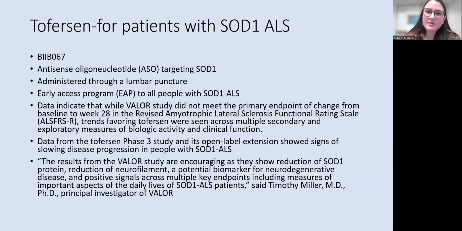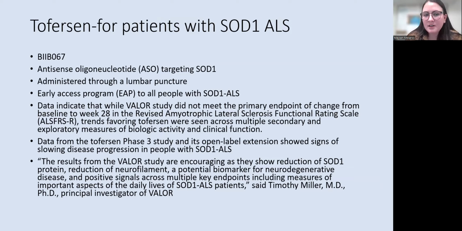There's a drug called tofersen, and it is available for patients that have SOD1 ALS. The drug name when it was in trial is BIIB067. So this is an example of an antisense oligonucleotide therapy that targets SOD1.